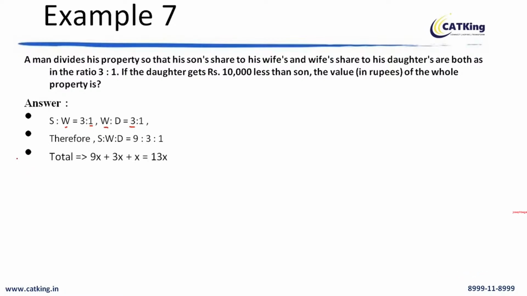So that is 9:3:1. We multiply the first ratio, son is to wife, by 3, so that the wife becomes 3 and the son becomes 9. That is 9x plus 3x plus x, which is equal to 13x.